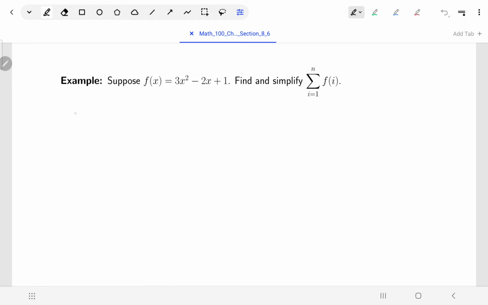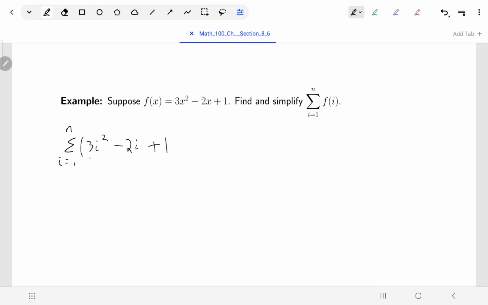If we're looking at the summation of i equals 1 to n of f of i, then that would be the summation of putting in i for all of my x's, the summation of 3i squared minus 2i plus 1. And I know, number one, that my summations will allow me to split things up term by term.